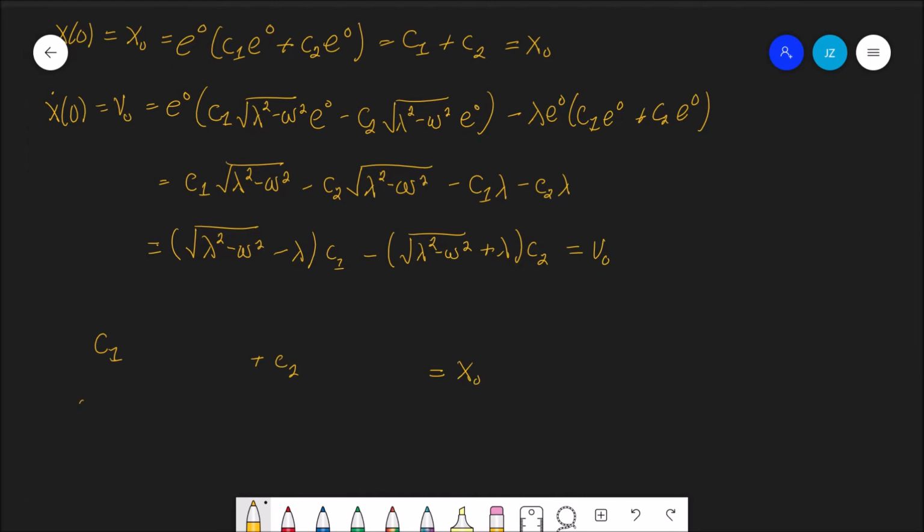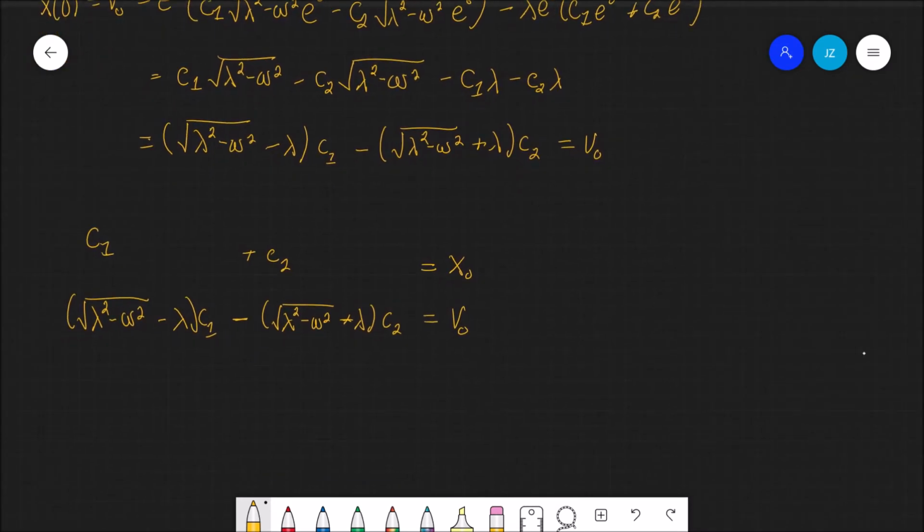Then we have square root of lambda squared minus omega squared minus lambda C1 minus square root of lambda squared minus omega squared plus lambda C2, and that has to be V naught. We need to solve this system.